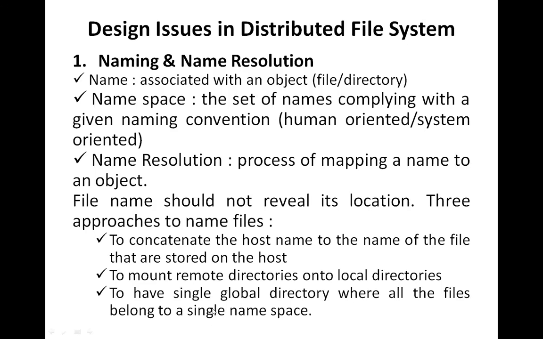Now, the third approach is to have a single global directory where all the files belong to a single namespace. This approach does not have any disadvantage with respect to the previous two approaches, but it has another disadvantage: it is mostly limited to one computing facility if we adopt the third approach.